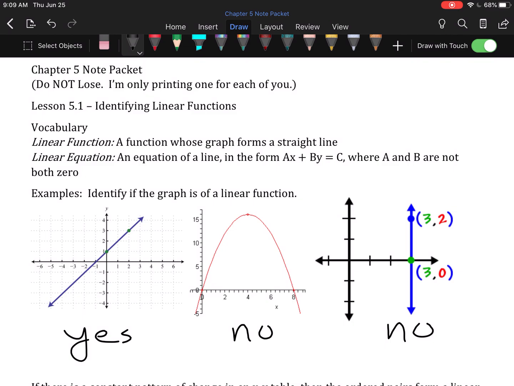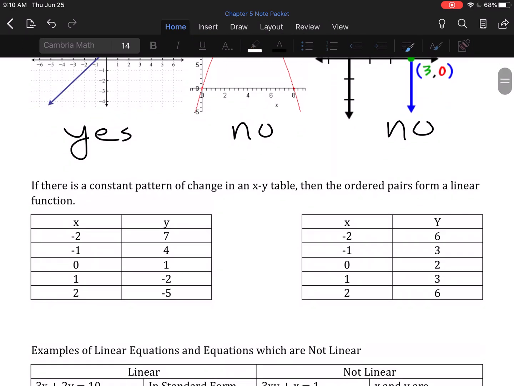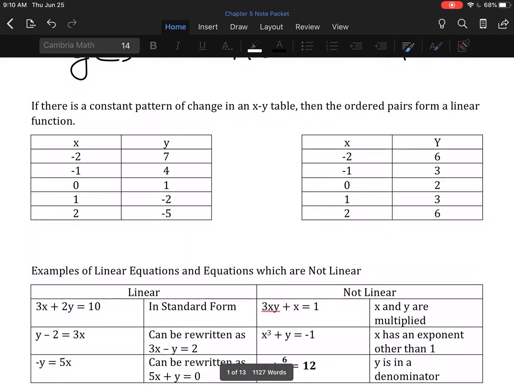A straight up and down line fails the vertical line test, which is how you tell if a graph is a function. Okay? So, line, yes. Function, no. Key distinction. Yes, it's kind of a trick question. Vertical lines are the only lines that aren't linear functions.